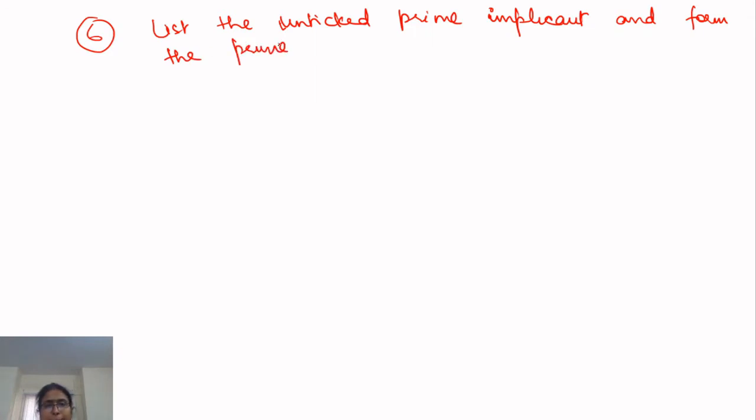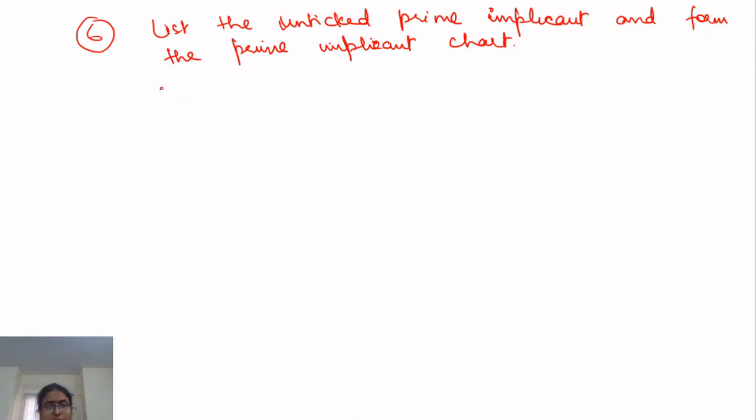Then list the unticked prime implicants which are left, which have not contributed to any group, and then we have to form a prime implicant chart.